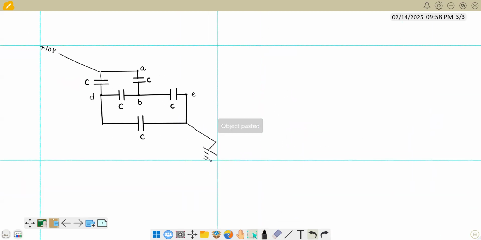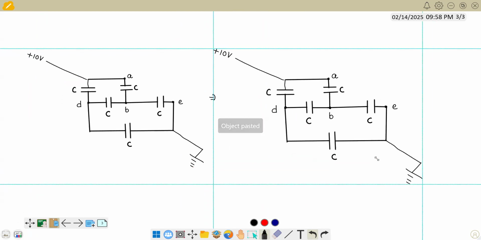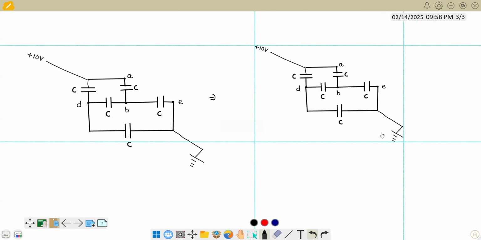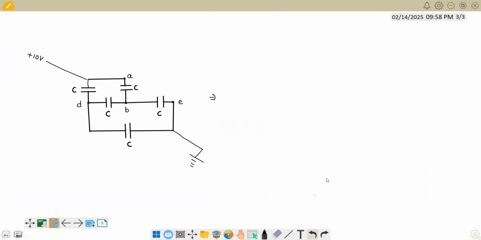On stretching, there will be a slight change in the entire diagram. I will draw another diagram for that. This would be my 10 volt.